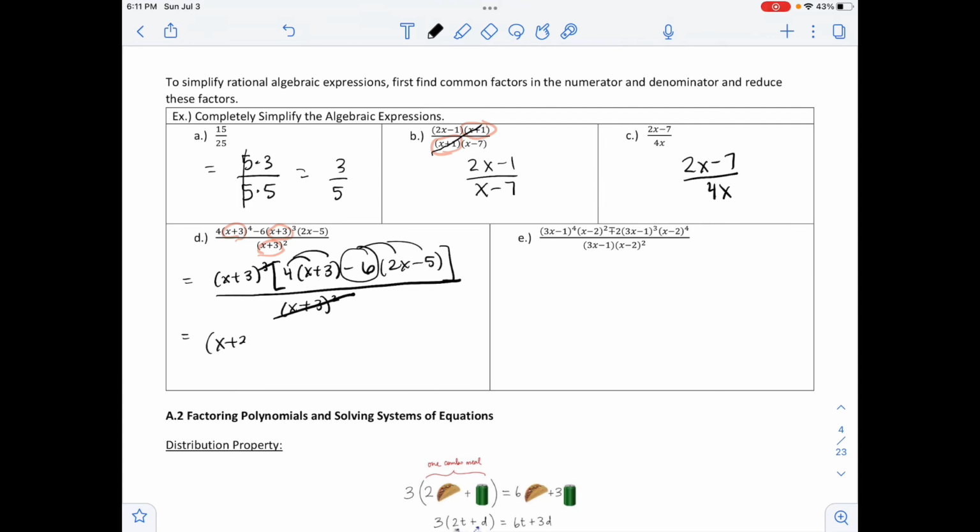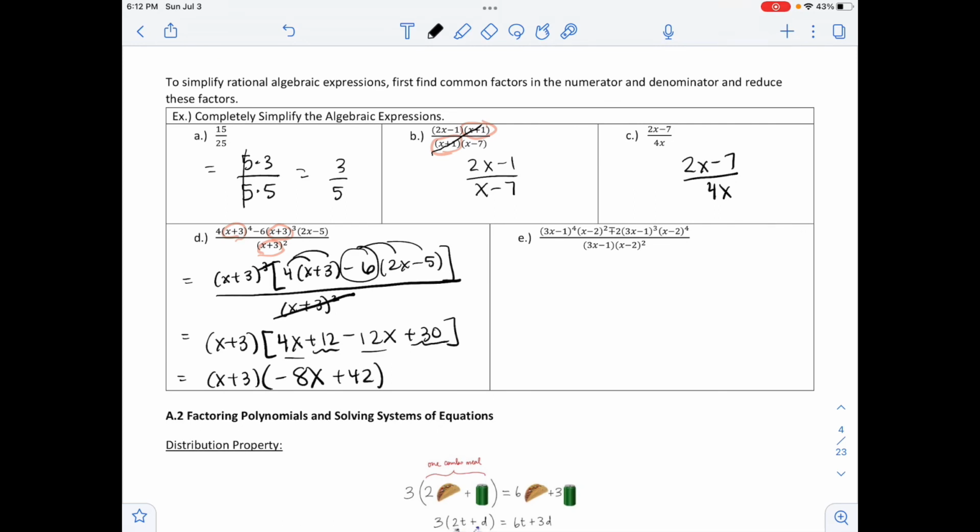So we have an x plus 3, and then in brackets we would have 4x plus 12 minus 12x plus 30. And then from here, combining our like terms, we have an x plus 3, and then we have 4x minus 12x, or negative 8x, and then we have a 12 plus 30, so plus 42.